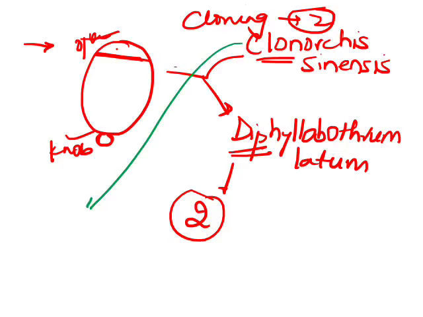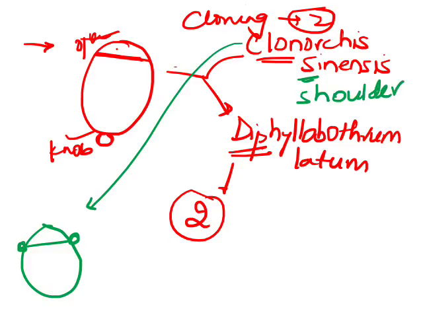In Clonorchis sinensis, the operculum rests on the shoulders. So sinensis has shoulders. While the Diphyllobothrium latum egg will have an operculum and knob, the shell will be smooth.